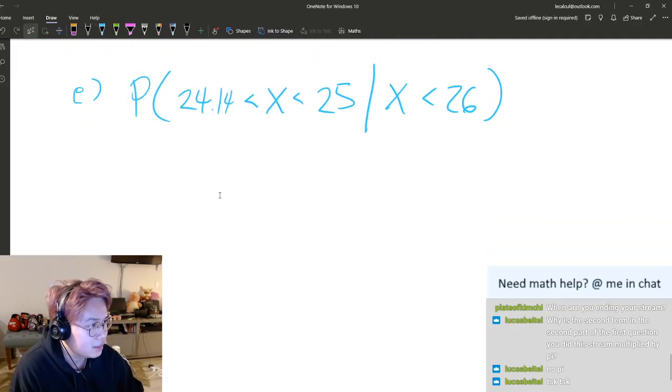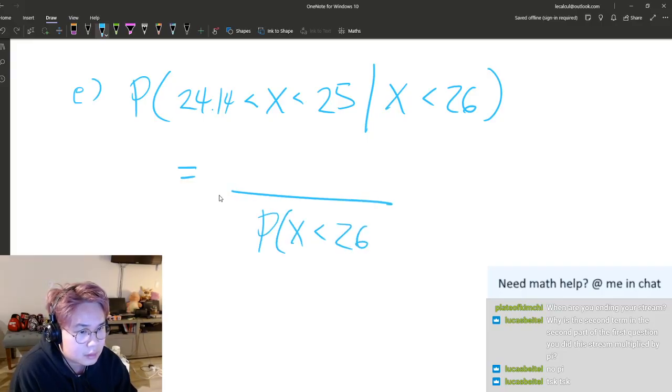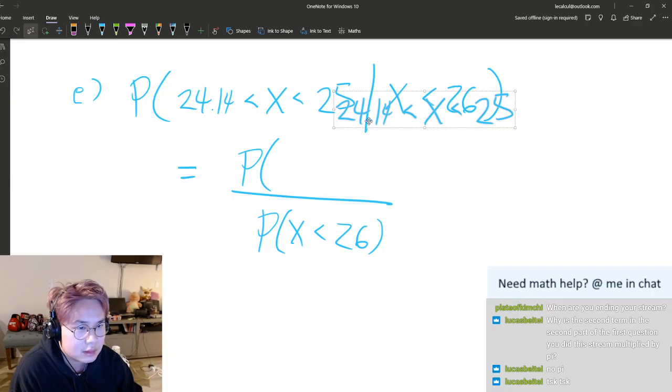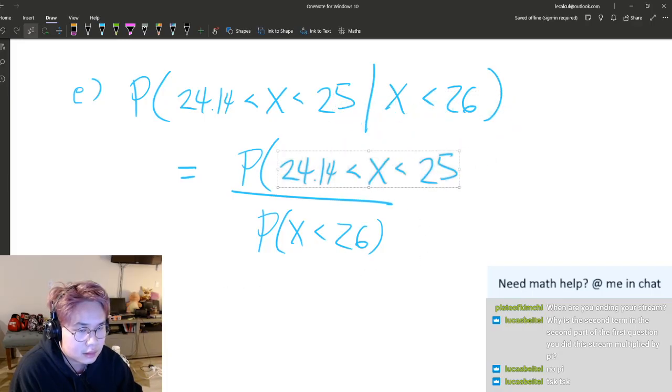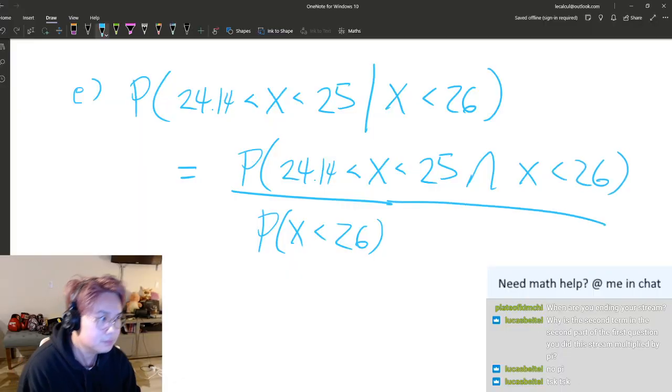So we do have a formula book for this. So we can just use it. I don't want to write this again. Paste. And then intersection here.